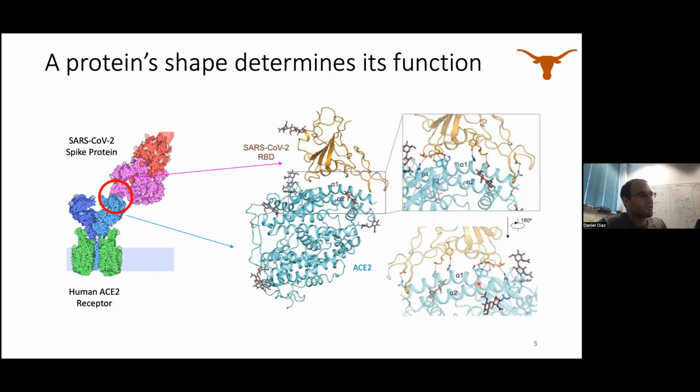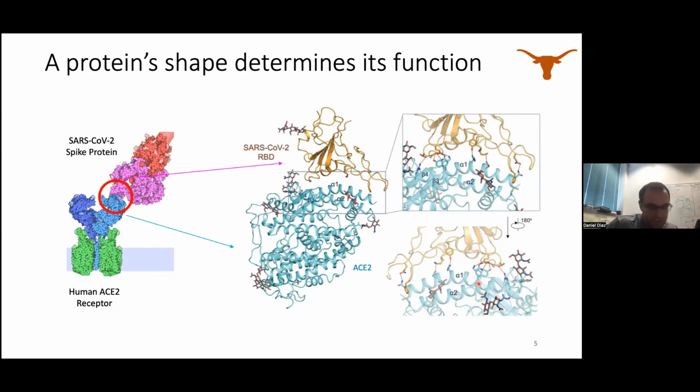This is the SARS-CoV-2 spike protein. What happened was it made some mutations on the receptor binding motif, which endowed it with the function of binding the human ACE2 receptor. And it was able to jump organisms and began the pandemic that we currently experience.